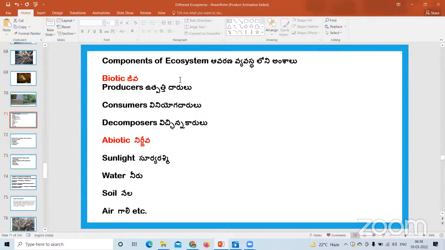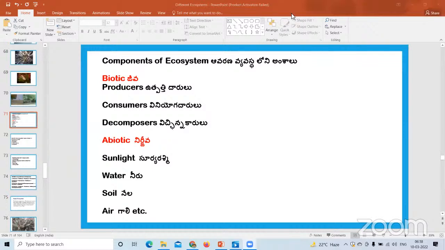What are they? Ecosystem is a combination of biotic and abiotic components. I told you already in the previous class, children, biotic means which have life. Biotic components are producers, consumers, decomposers.